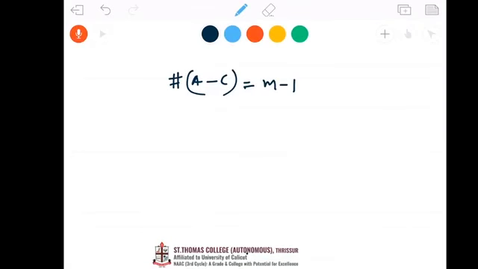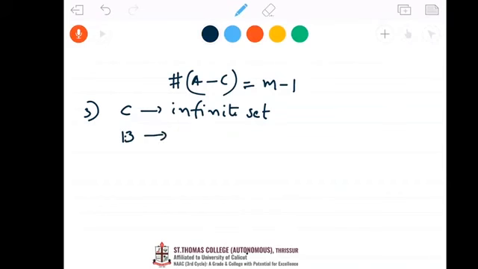Now, the third part of the theorem says that if C is an infinite set, and B is a finite set, the result says that C minus B is infinite.